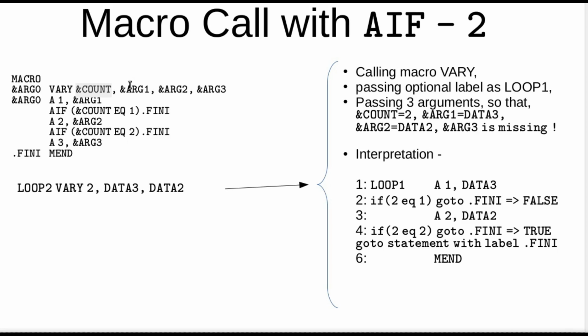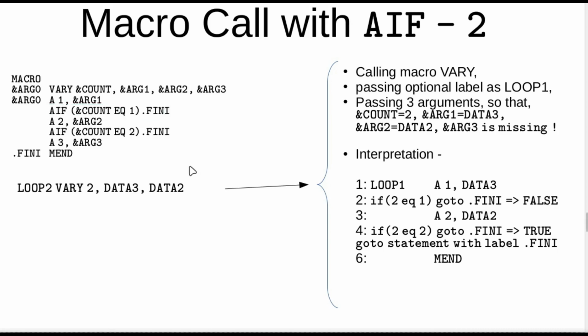So for the same macro definition, we now have a different expanded form. We now have a different interpretation, which could only be possible because of the way the macro argument value was passed, and because of the way the AIF statement helps us to verify, or branch on verification of, a particular condition, right?